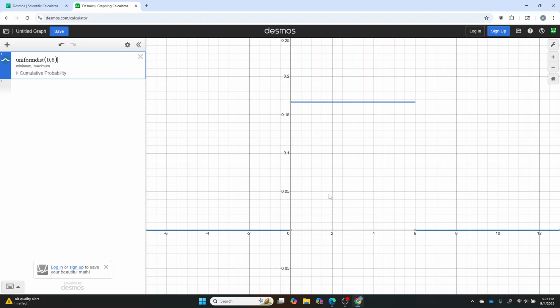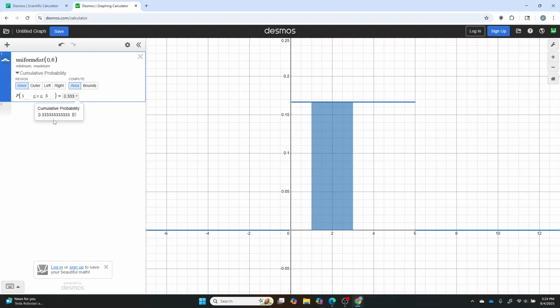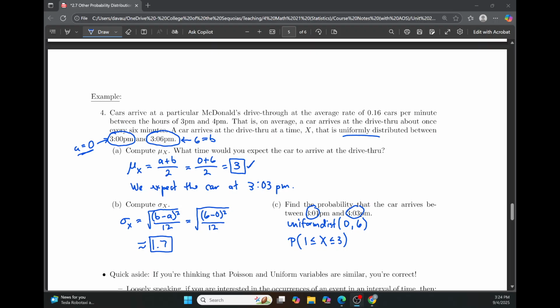But okay, I want the probability that x is between 1 and 3. So it shades in that region between 1 and 3, and computes the probability here, right? The probability is exactly 1/3, 0.333. So this is approximately 0.3333.